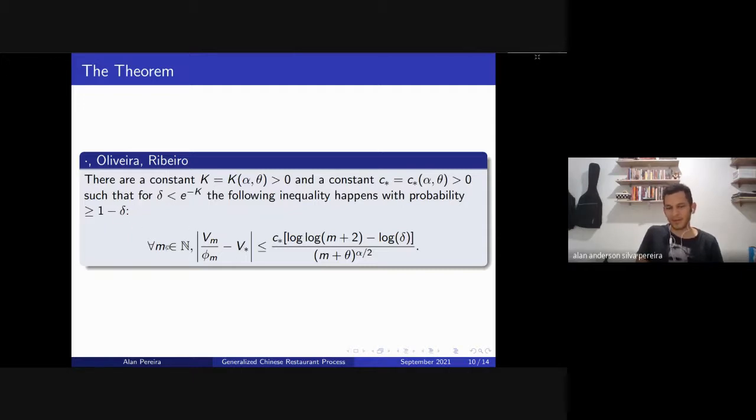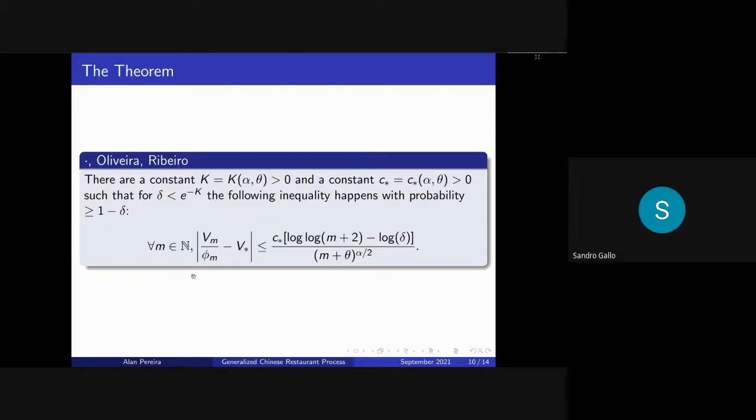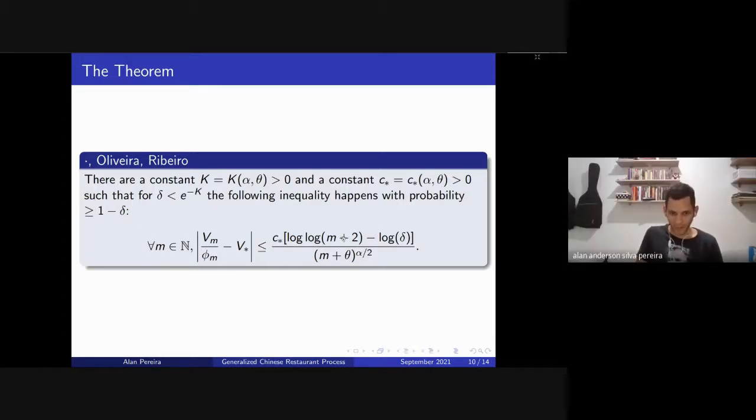Okay? You mean that this is a probability that at each time n you are close to the random limit? It's not for any m; it's for every m that you have this inequality. So it's like an intersection of infinitely many events, and the intersection of all that is big.